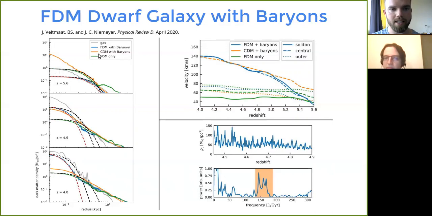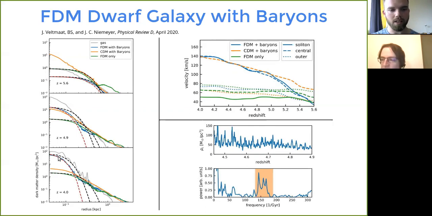And then we have two other runs, namely fuzzy dark matter with baryons here in blue, and also an equivalent cold dark matter run, both with baryons. And you can see here the gas fraction, also the radial density profile, also in that graph here.